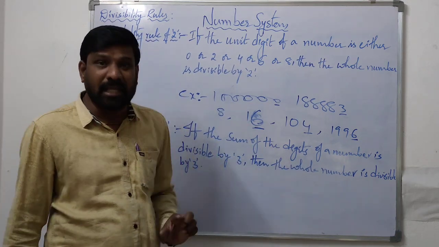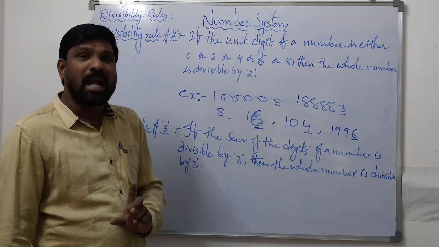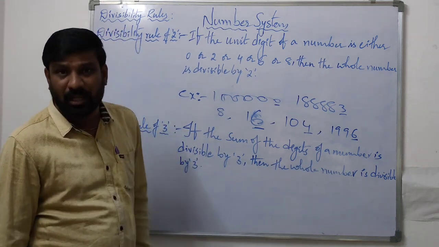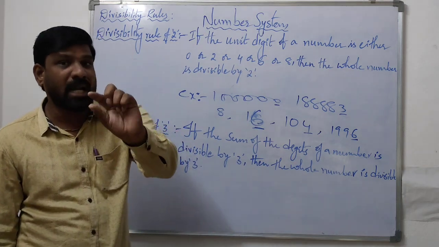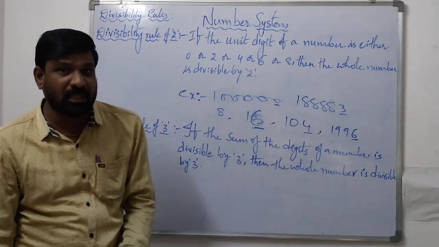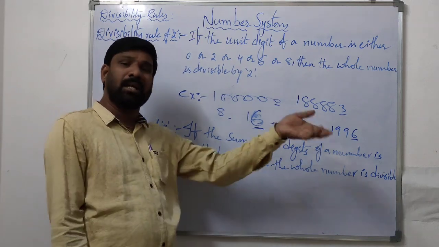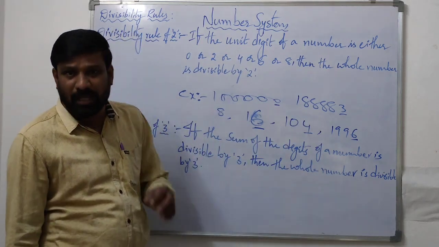You need to add all the digits of that particular number. After adding, if the result you get is divisible by 3, then we can blindly say that the whole number will be divisible by 3.